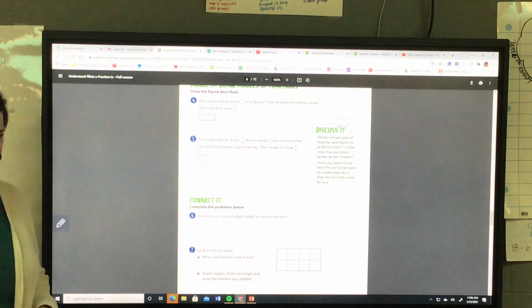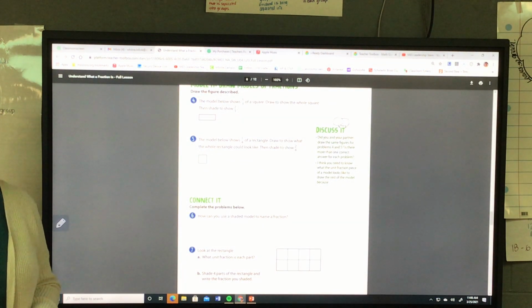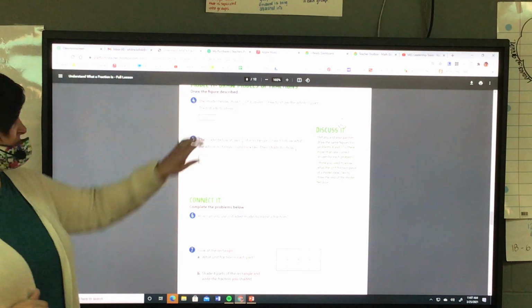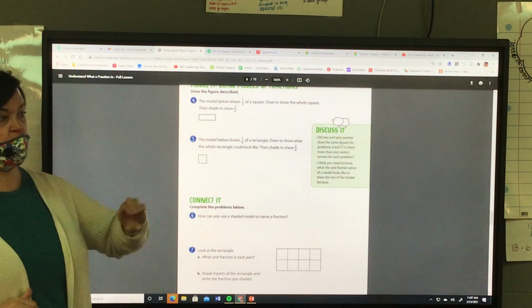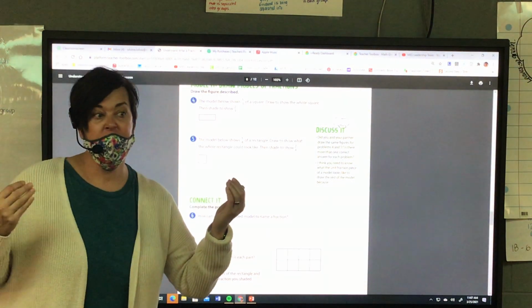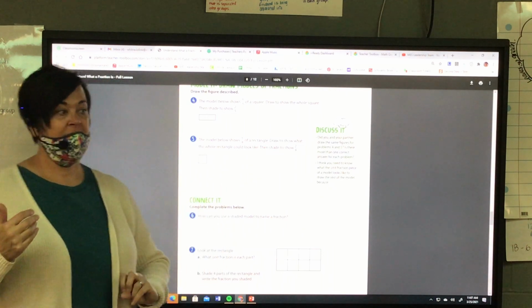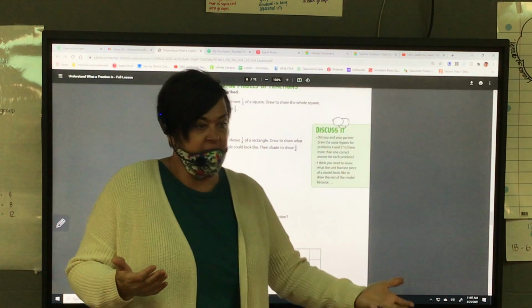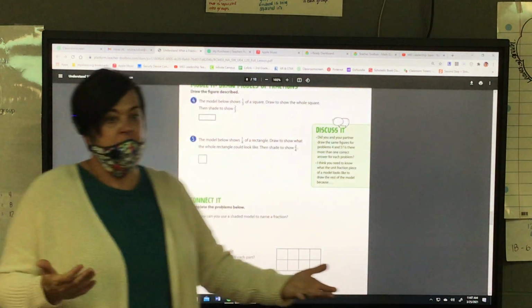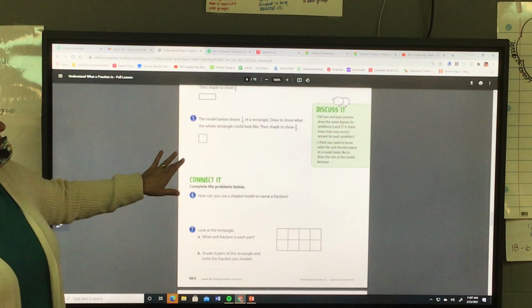Does that make sense? Okay, so they have drawn 1/3. You have to draw how many more thirds? 2 more thirds. And then how many are you going to color in? 2. Right.